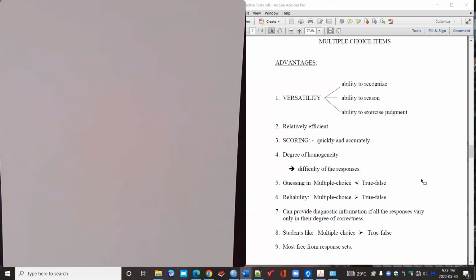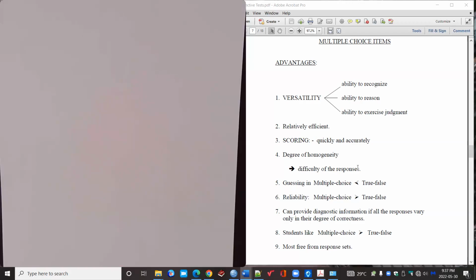Now, what is it? If all the distractors are homogeneous to the correct answer, then this item becomes difficult.